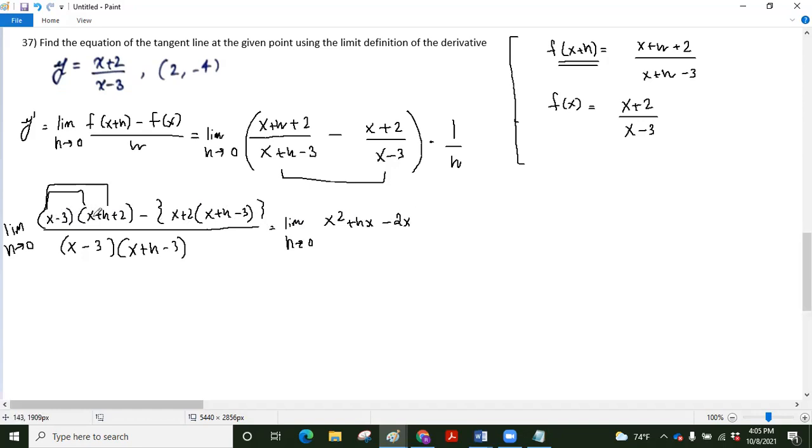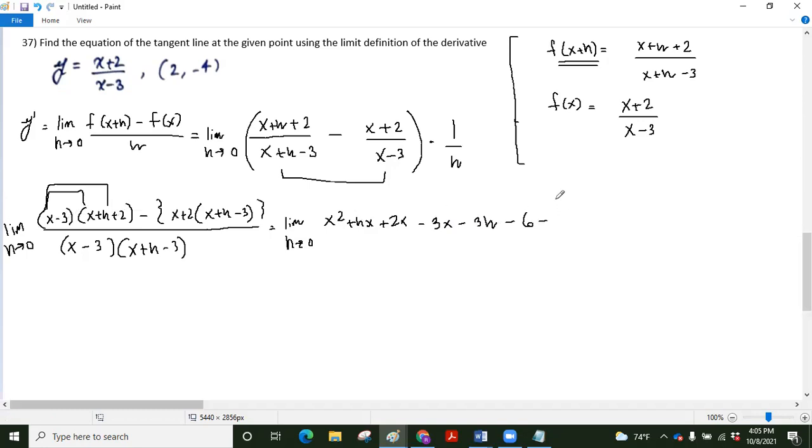So x squared plus hx plus 2x, then minus 3x minus 3h minus 6. So x squared plus hx plus 2x minus 3x minus 3h minus 6.